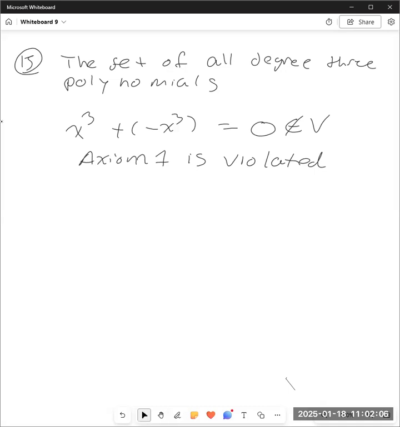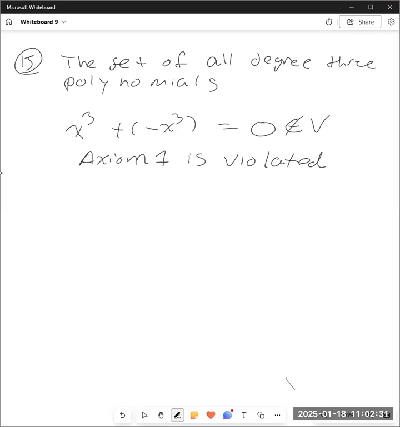You've got all kinds of violations of axioms here. Pick your favorite one and give a counterexample. I just gave one of the kinds of examples that you could give. But I saw just off the top of my head that it violates axioms 1, 4, 6, 7, and 8. Maybe you find some other ones that it violates.